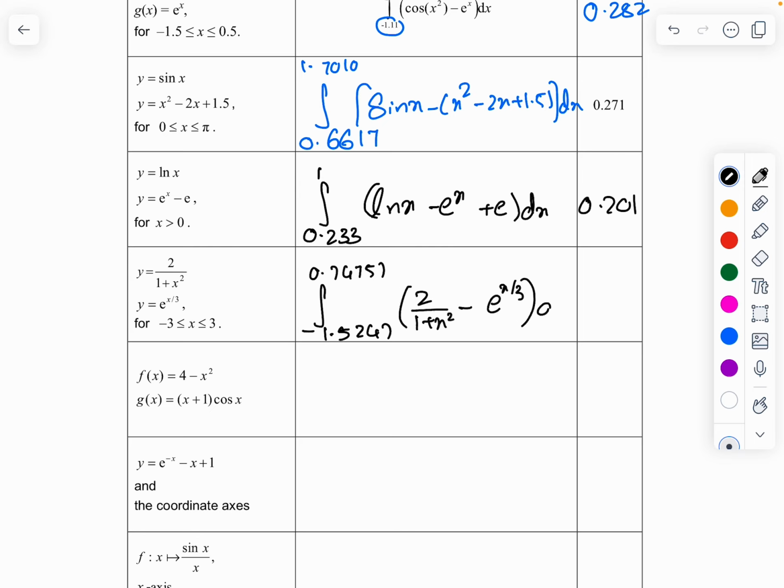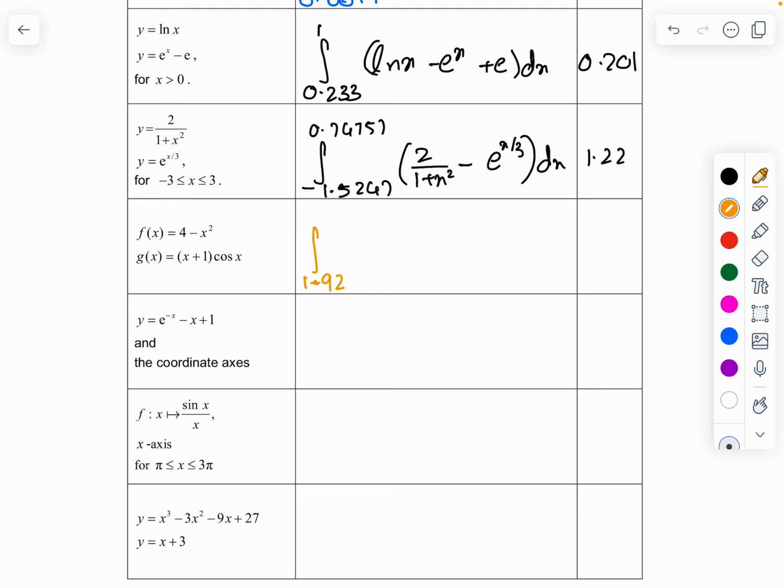Next, find the limits, the points of intersection, from the calculator: negative 1.92 to 2.72, 4 minus x square minus x plus 1 times cos x dx, and your answer should be 9.41.